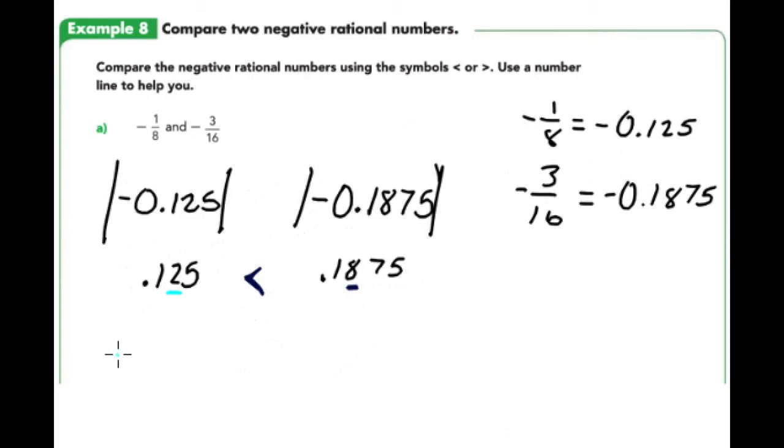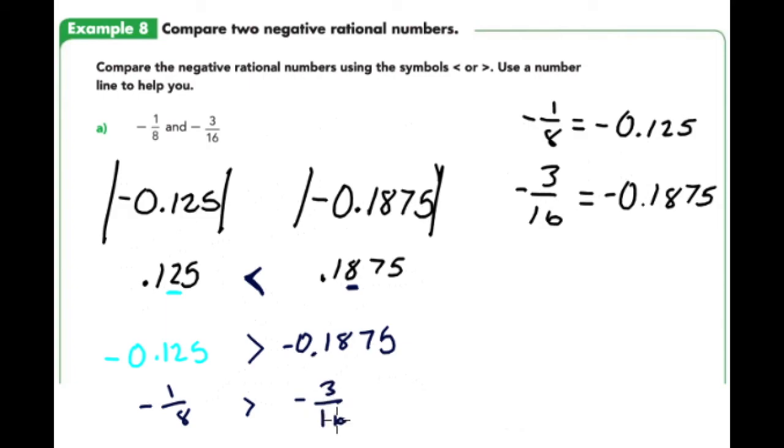So I could say that the negative 125 thousandths is actually greater than the negative 1,875 ten-thousandths. And again, those numbers were the negative 1/8 is greater than the negative 3/16.